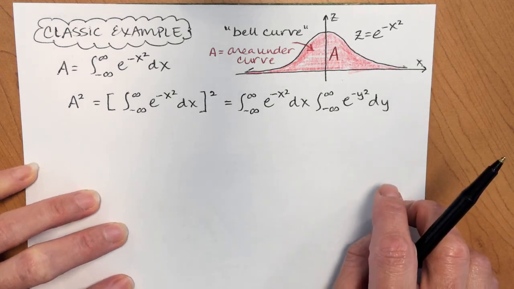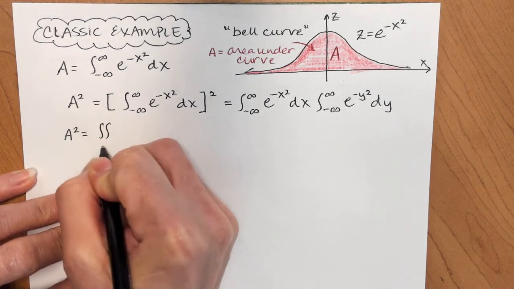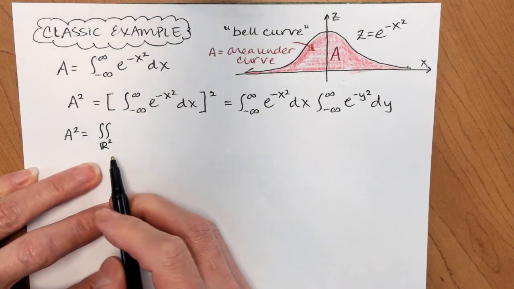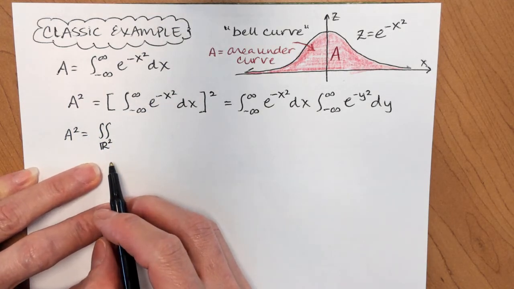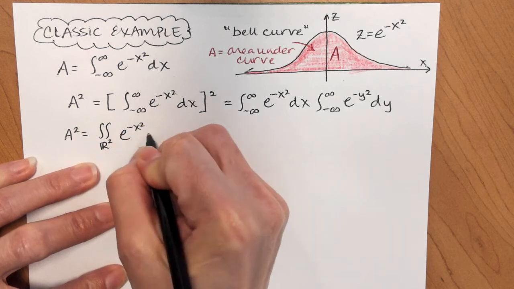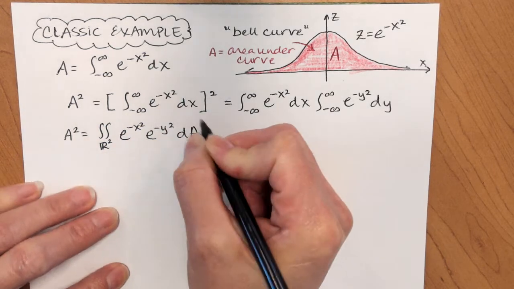This is equal to the double integral over the entire xy plane, which is all of R2. The double integral over the entire xy plane of e to the negative x squared, e to the negative y squared dA.